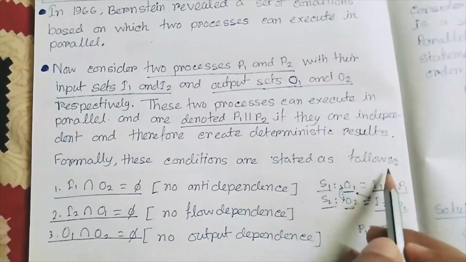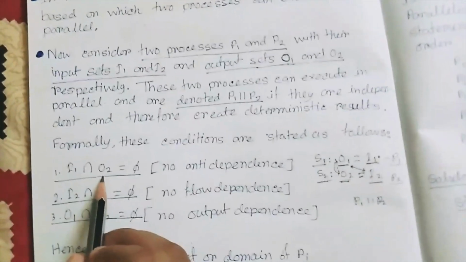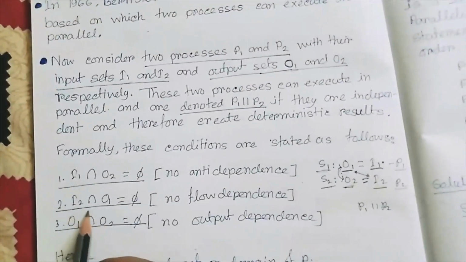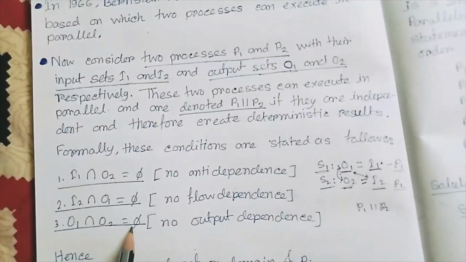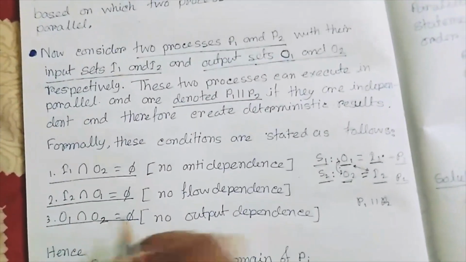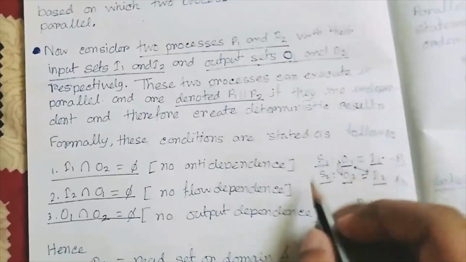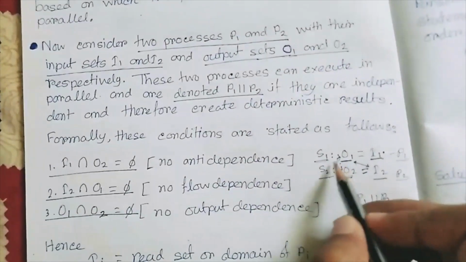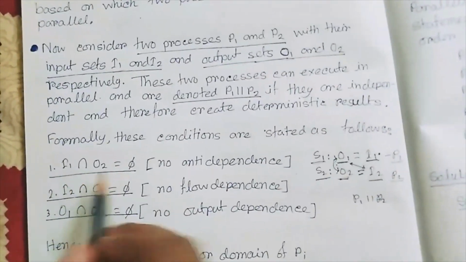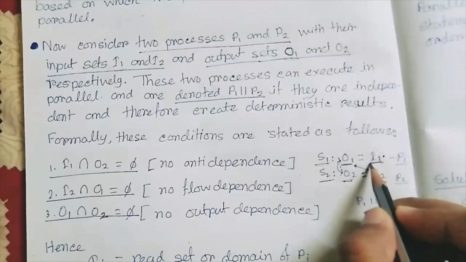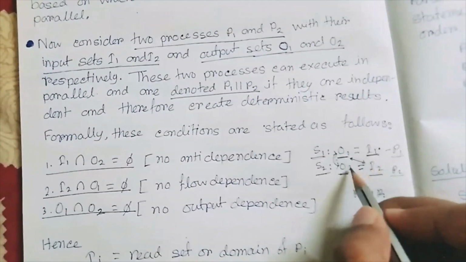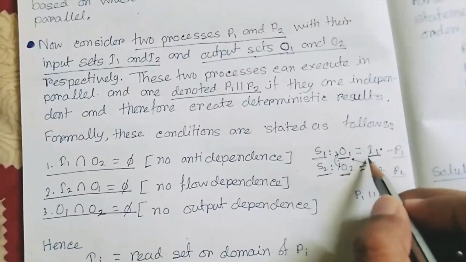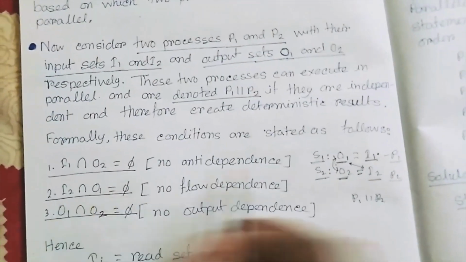Formally, these conditions are stated as follows: I1 intersection O2 equal to null, I2 intersection O1 equal to null, and O1 intersection O2 equal to null. For S1 and S2, I1 intersection O2 means the input set of S1 and the output set of S2 should not be common, or their intersection should be null.